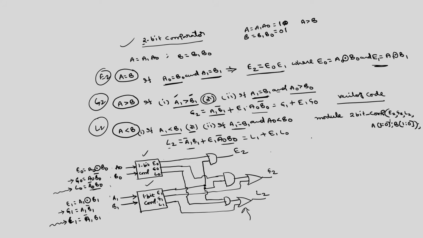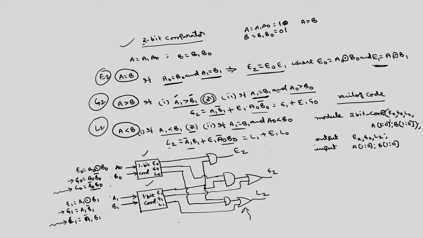First you have to instantiate the lower order modules, but we can define outputs and inputs. Outputs are E2, G2, L2. Inputs A[1:0], B[1:0].